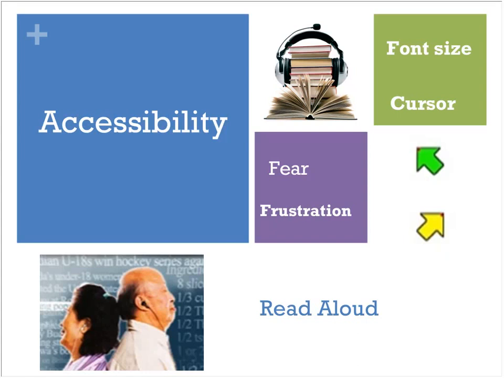Help them increase the size and slow down the reactivity of the cursor and the mouse to assist with mobility and coordination, especially at the beginning. That's very helpful. And address the inevitable frustration of getting lost in cyberspace or the fear of breaking the computer.